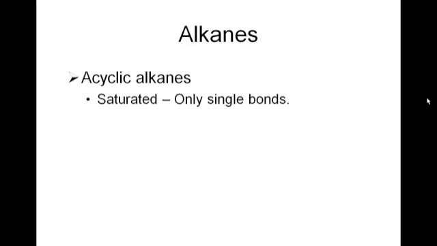Now, I've already told you that the alkanes can be divided into 2 groups. They are the acyclic, or no rings. We say that these molecules are fully saturated in that they have no rings and they have no double bonds. So when we talk about saturated fats, what we mean is that's a fat, a molecule that has no carbon-carbon double bonds.